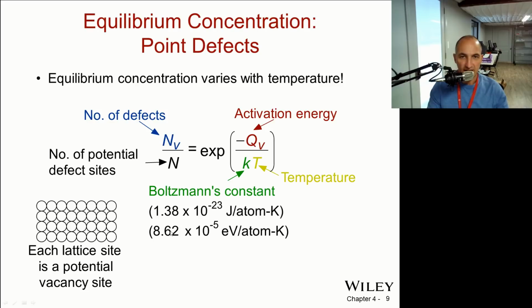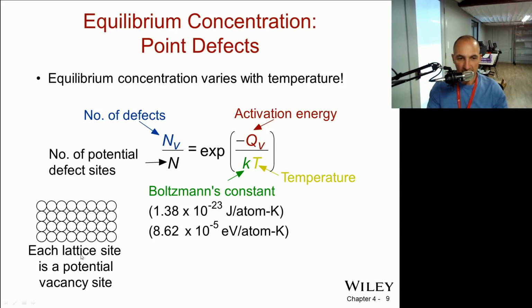So there is an equilibrium concentration of point defects. It is related to temperature. An equation that relates the number of defects to temperature is listed here. So we have N sub V, which is the number of defects, over N, which is the number of potential defect sites.